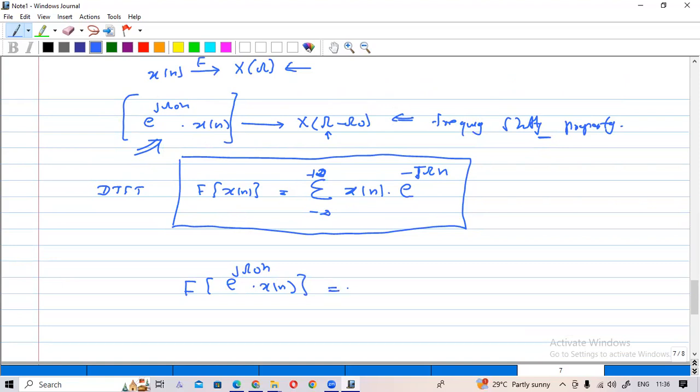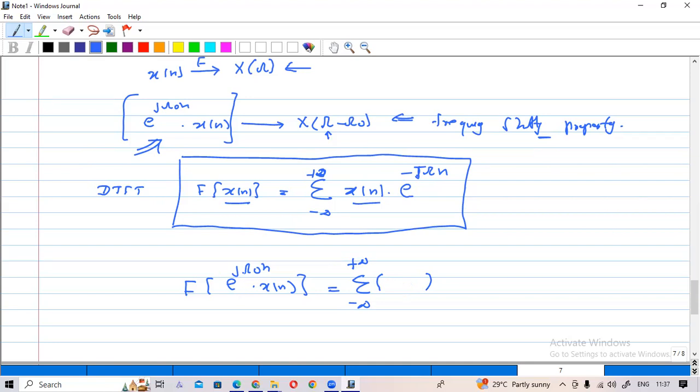So how we have? It will be minus infinity to plus infinity. Instead of xn, what is the term here? Tell me what is the term here? For the Fourier transform of xn, you need to multiply xn by e to the power minus j omega n.